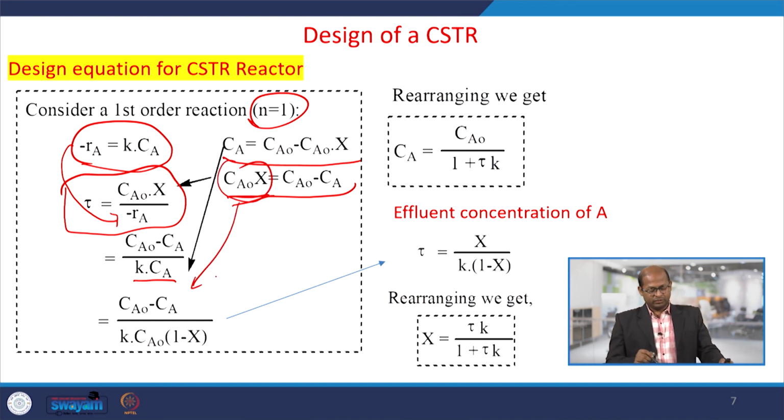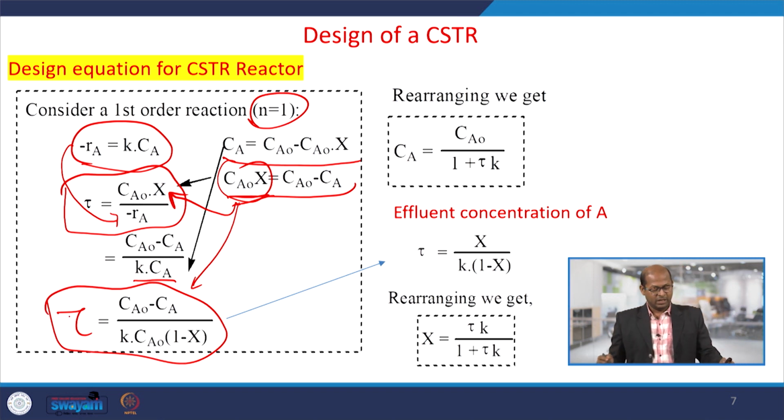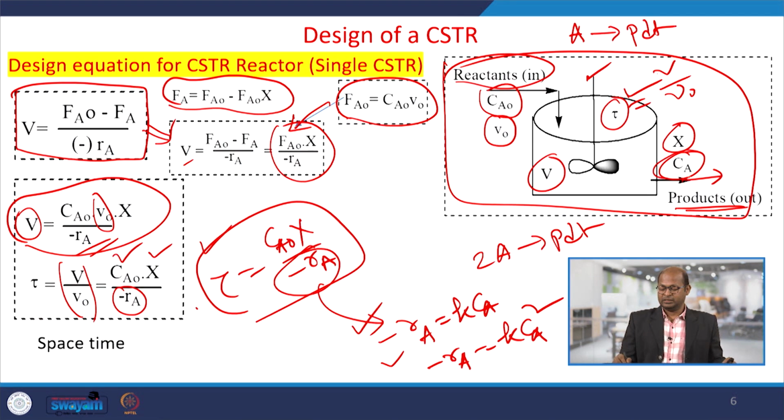After rearranging these equations, tau equals this. If we rearrange the equations, we get on the left hand side the final concentration of the reactant, and this is the initial concentration.